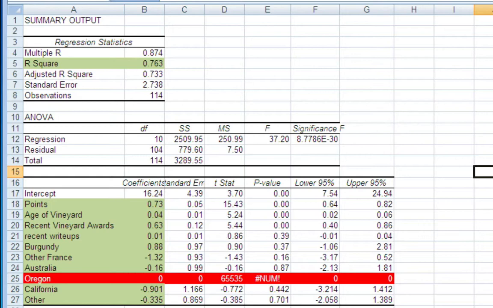So what we need to do, instead of running a regression with 6 dummy variables, we simply run one with 5, and it's most natural to take others out, because then the default is that a wine is from one of the other regions, but only if it's from either Burgundy, other France, Australia, Oregon, or California, it is specifically marked with a variable. So let's try this again, and then the results look like this.